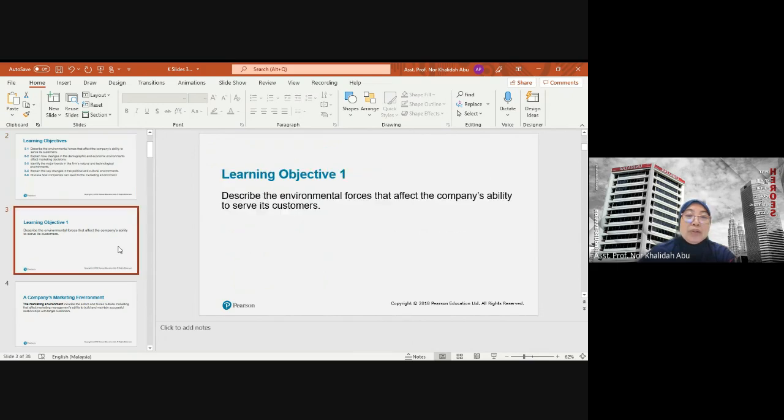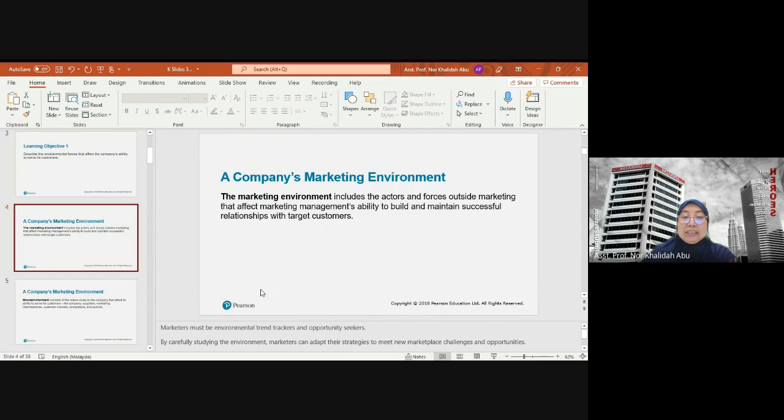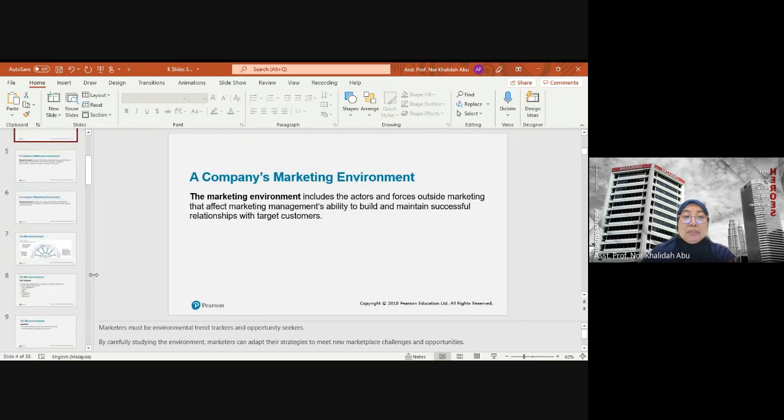So what are the environmental forces? What does it mean by the company's marketing environment? This marketing environment is defined as actors and forces outside marketing that affect the marketing management's ability to build and maintain successful relationship with target customers. So in other words, here you're not just looking at maybe people, but also some of the kind of forces that is affecting the marketing's ability to do the marketing activities.